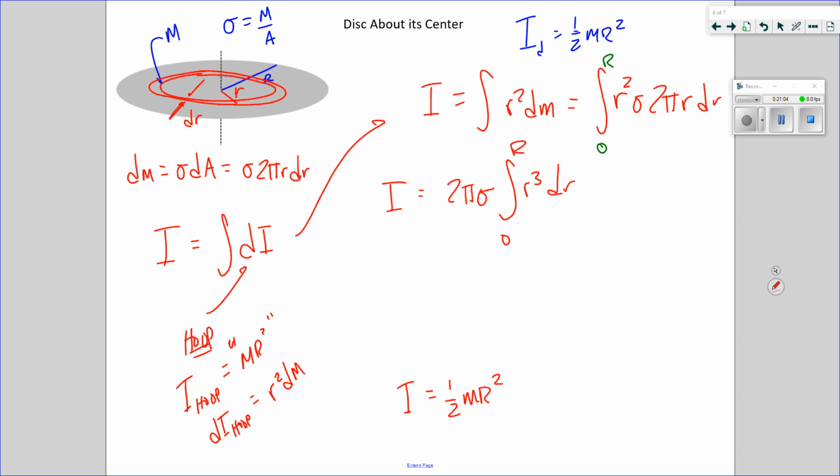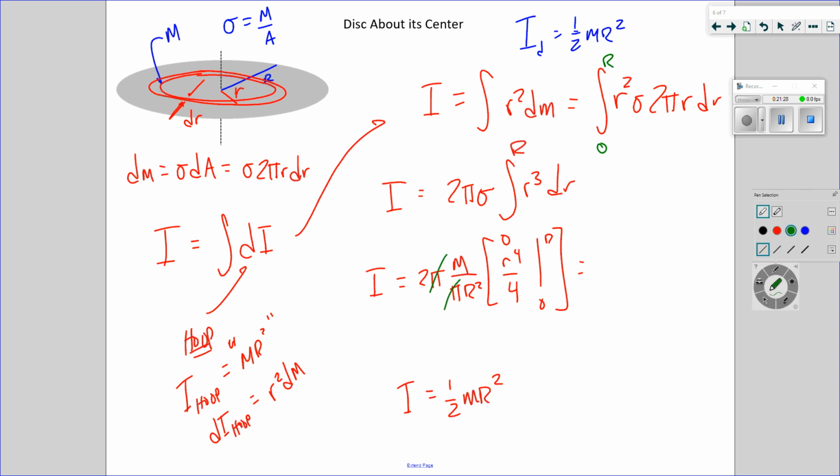Okay? I can do it. I'm right here. Come on. So, all right, watch. This is 2 pi. Sigma is mass over area, pi big R squared. And then we're integrating, well, we've already integrated. Let's call it R to the fourth over 4 from 0 to R. So we get 2m over R squared, R to the 4th over 4, right?